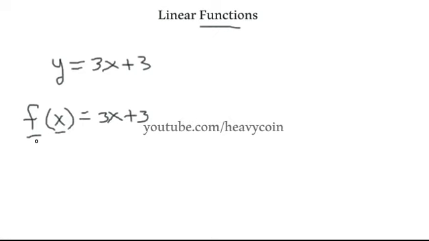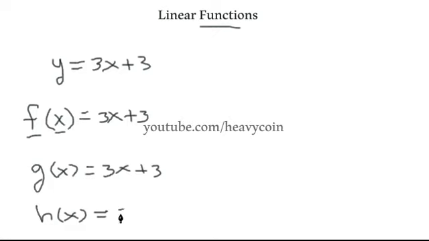We can name our function anything we want. Sometimes we name them g. g of x is equal to, let's say, 3x plus 3. Or we can name it h of x, and I'll make this one look different. How about h of x is equal to 2x?